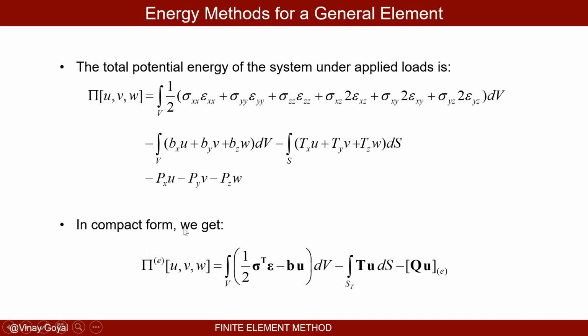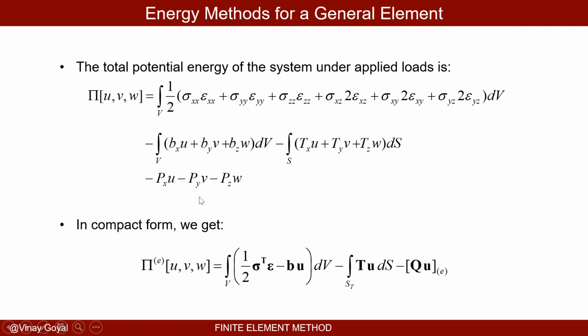In compact form, we can write this very simply as sigma bold transpose times epsilon bold. Here we have a scalar quantity from this calculation. That can be easily written in this format, minus B bold times U bold, which is body forces times the deflections U bold. Very simple incorporation of that here.